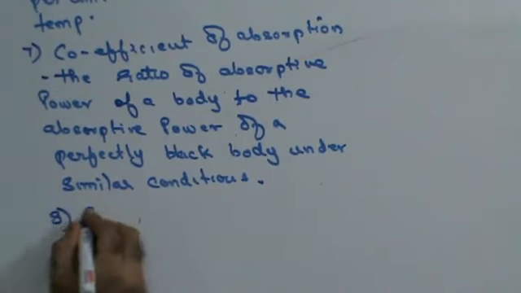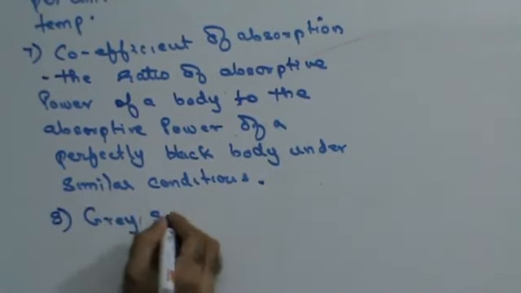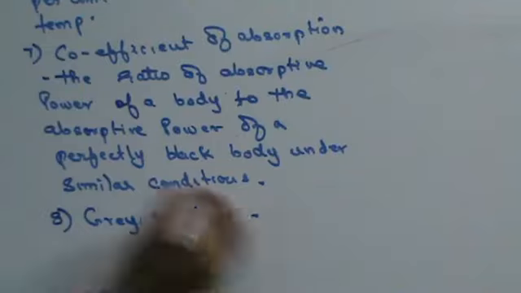What is a grey surface? A grey surface is defined as one whose emissivity is the same for all wavelengths. Generally the emissive power by Wien's law we know is maximum for a particular wavelength.